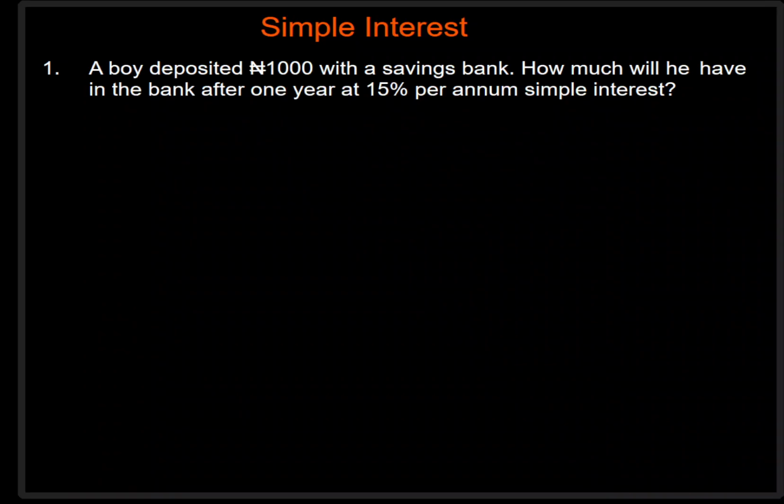So this will be our last lesson under Simple Interest, where we'll be looking at things concerning amounts. Remember when we talked about the formulas and terms in Simple Interest, we also considered something called amount, which we say is equal to principal plus interest.